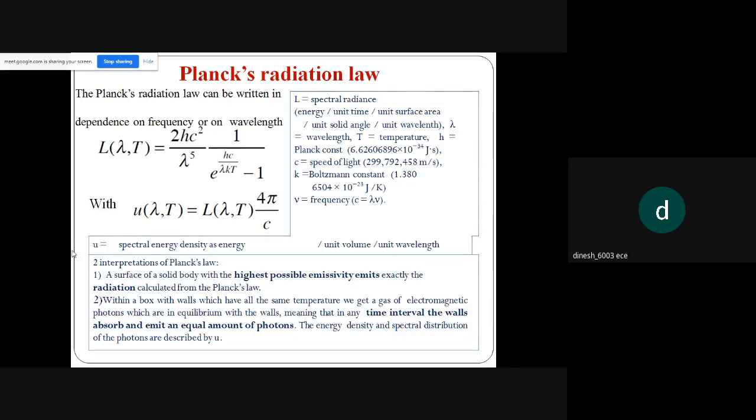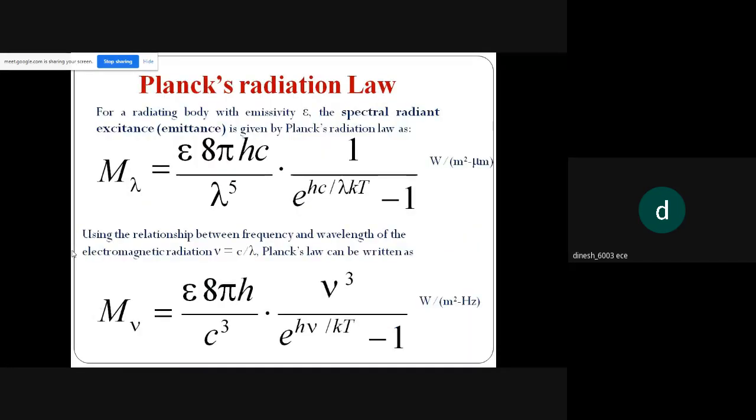We get a gas of electromagnetic photons which are in equilibrium with the walls, meaning that in any time interval the walls can absorb and emit an equal amount of photons. So the energy density and the spectral distribution of the photons are described by Planck's radiation. This is your Planck's radiation law.